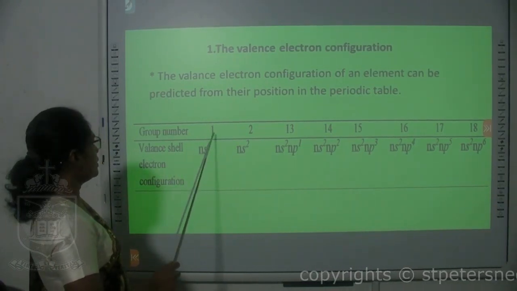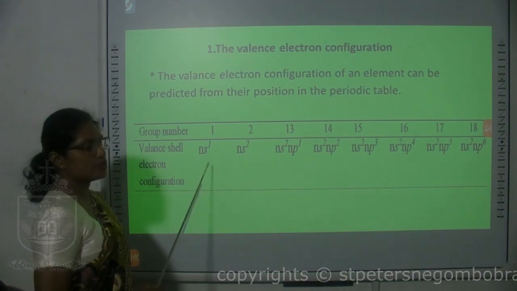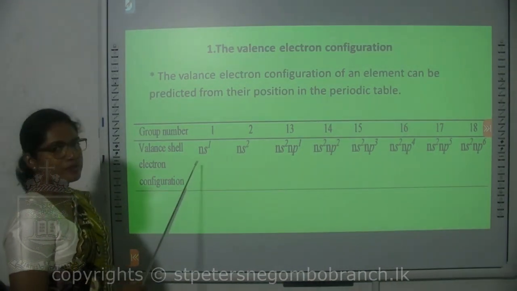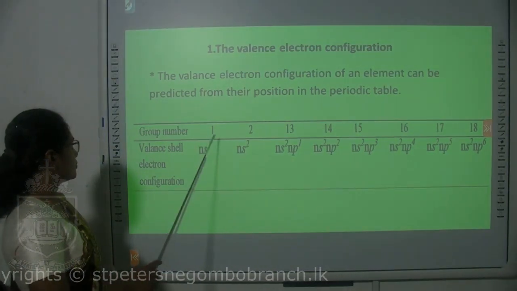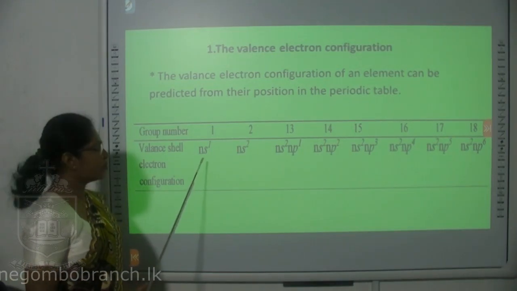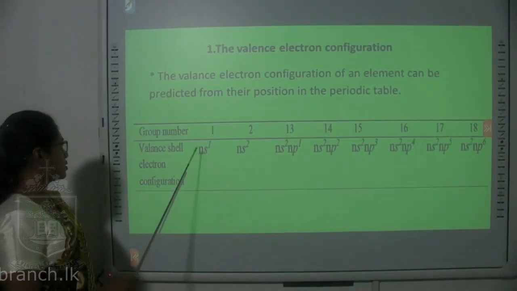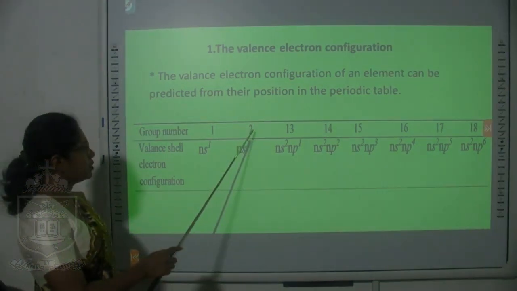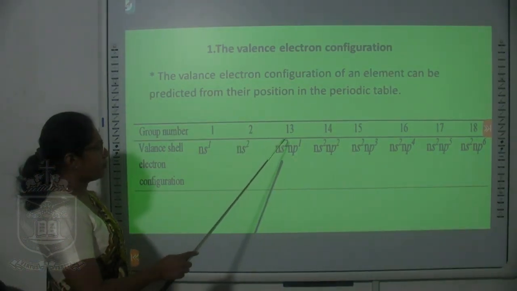The group number is equal to the number of valence electrons in the valence shell. If we take group number 1, all the elements in group 1 have 1 electron in their valence shell. Group number 2, 2 electrons.